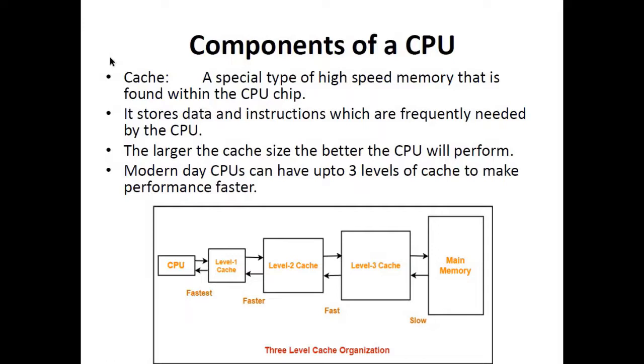By modern day CPUs, it means the cored computers, Core i5, i3, i7, i9, and so on. The level 1 cache is fastest, level 2 is faster, level 3 is fast. Just remember that even the level 3 cache is faster than the RAM.